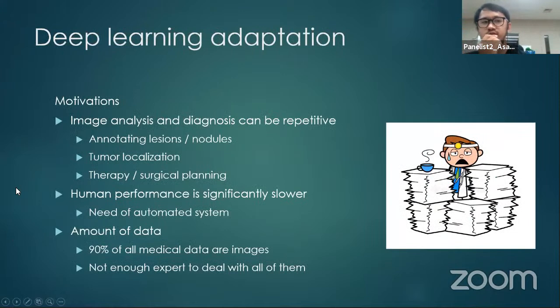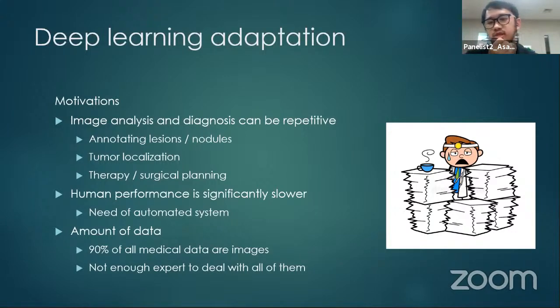The adaptation of deep learning is motivated by several reasons, as you can see here. Firstly, image analysis and diagnosis can be repetitive and exhausting for the physician or the radiologist. Their work includes annotating lesions or nodules, tumor localizations, and therapy or surgical planning. Their performance as humans is also significantly slower compared to the machine.